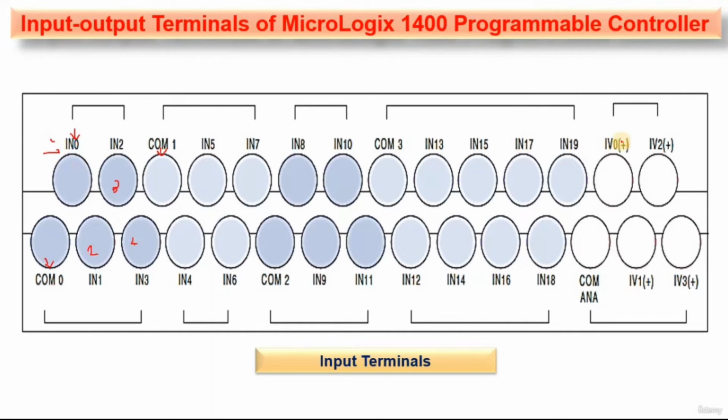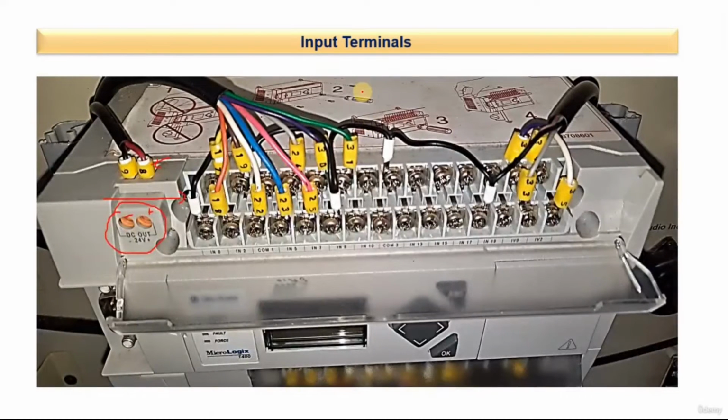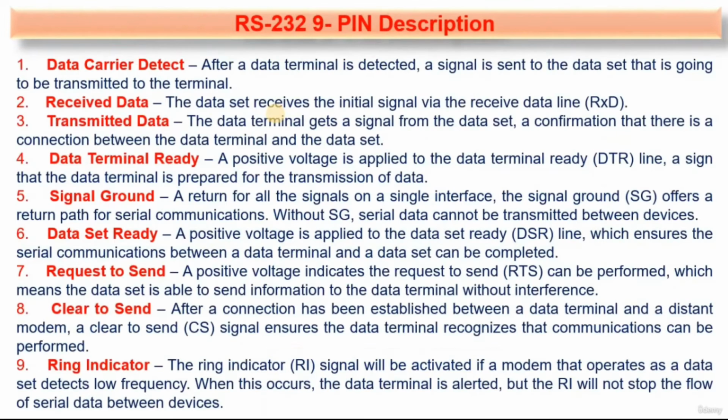Along with that, you can observe so many common terminals, and in total you can observe 19 terminals. But in this PLC you will get a total of 20 inputs and 12 output terminals, right? Okay, now let me show you the technical specification.